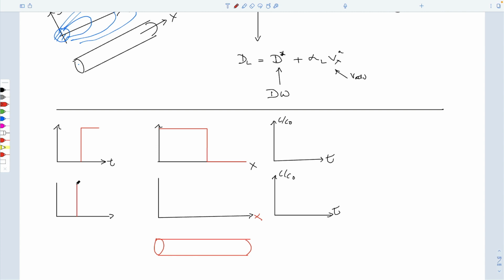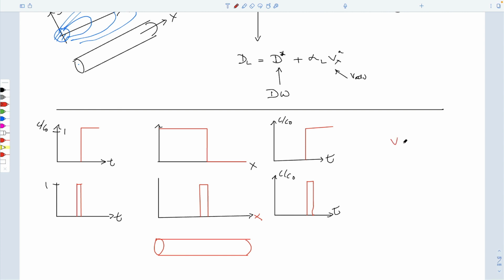If our input is just a pulse, so this would be 1, this would be 1, then I guess this would look like this. It would be identical, and you know the coordinates for the different features.